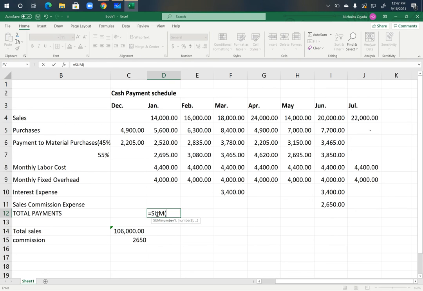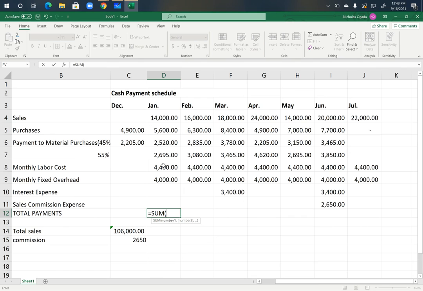You take the labor cost, and your overhead and your commission, and that will be basically what you need to get for this particular problem. So you're looking at those as your total payment in this particular obligation.